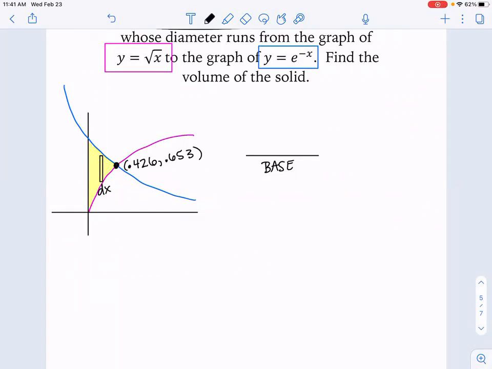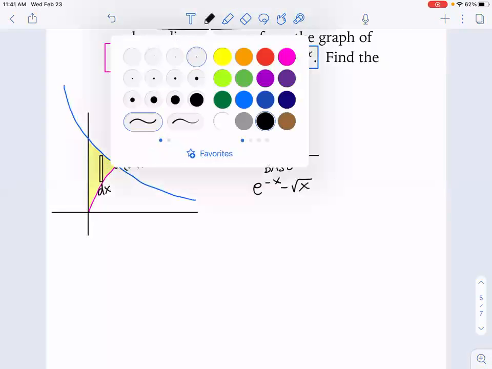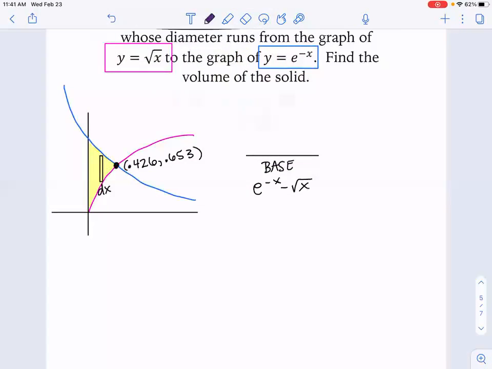Okay. Now, our base. Well, look at that rectangle, top minus bottom. We have e to the negative x minus square root of x. Do you agree? Okay. Now, our shape is a semicircle. How do we find the area of a semicircle? 1/2 pi r squared.